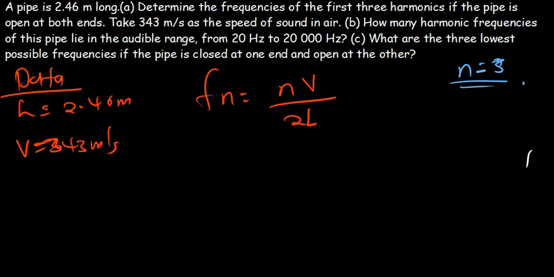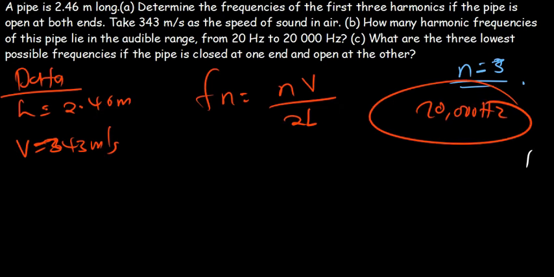Our goal is to find n, so let's make n the subject. Which frequency are we going to use? We are going to use 20,000 hertz, because the 20 is just the starting point, but where the audible range ends is at 20,000.